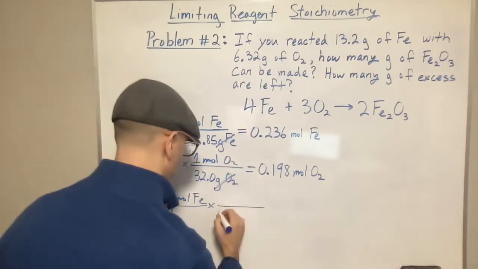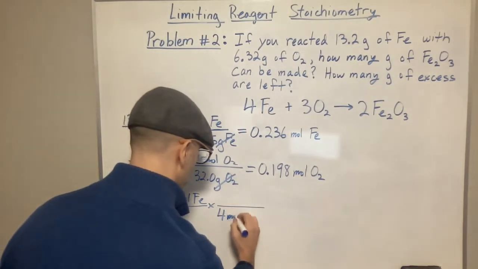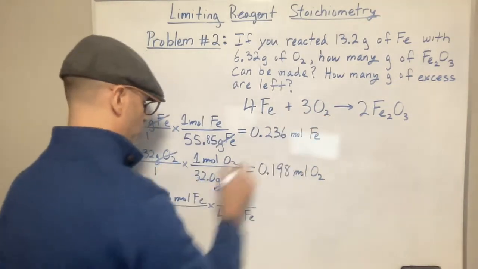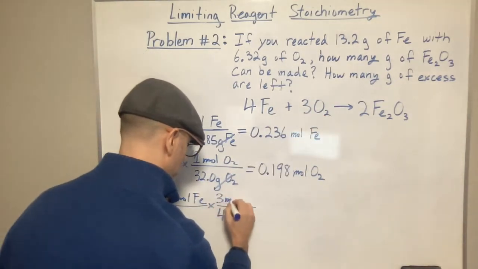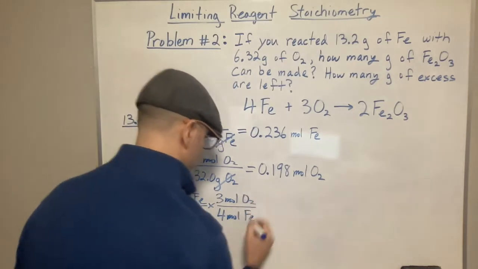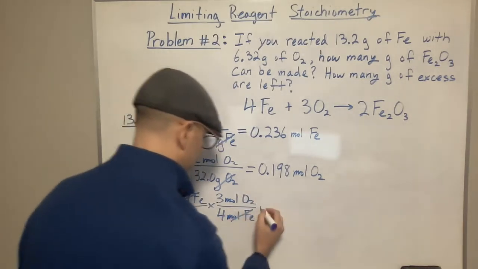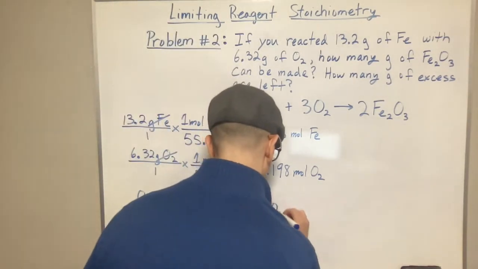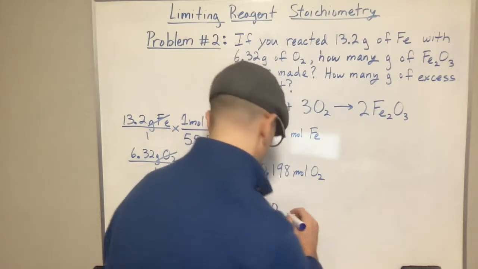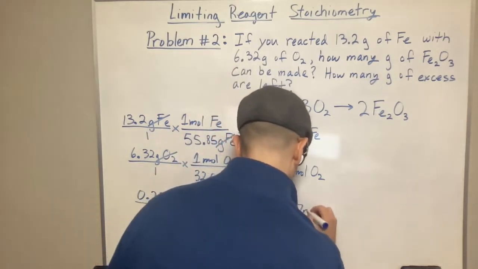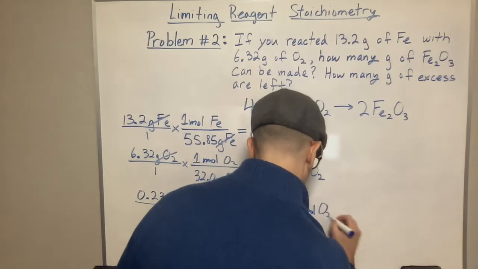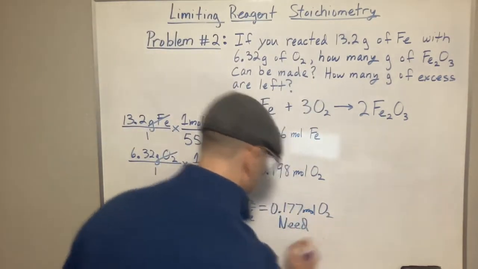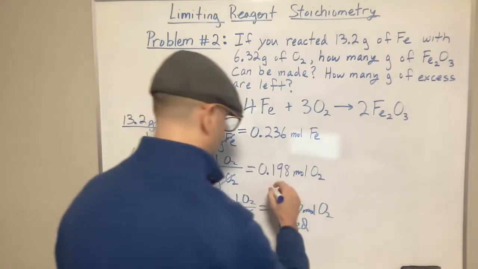I'm going to put 4 moles of iron on the bottom and 3 moles of O2 on top. Moles of iron cancel out. And when I calculate that, I get 0.177 moles of O2. So this is the amount that I need, and this is the amount I have.